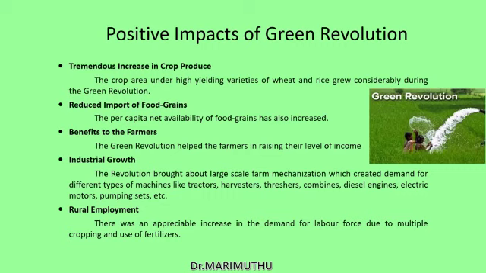Fourth one is industry growth. Industry growth is also large, as mechanization created demand for different types of machines like tractors, threshers, compressors, diesel engines. And last one is rural employment, which also increased because of the introduction of the Green Revolution. These are the positive impacts of the Green Revolution.